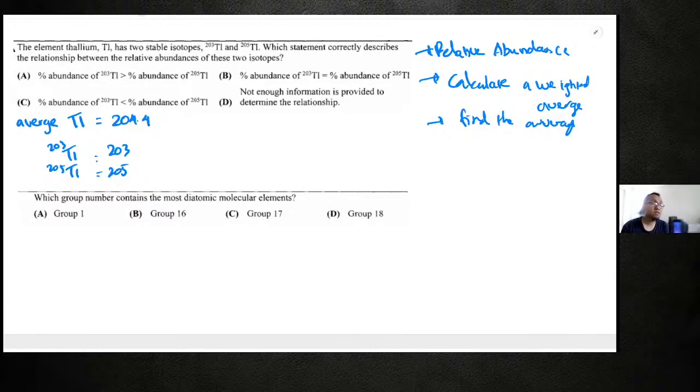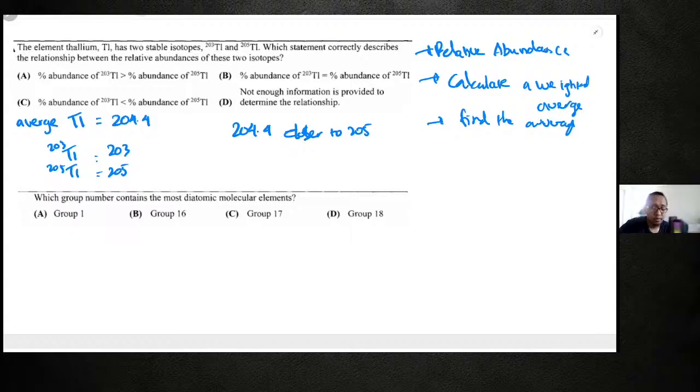How do we do that? Think logically. Given 204.4, which one is closer for both isotopes? You can understand that 204.4 is closer to 205.